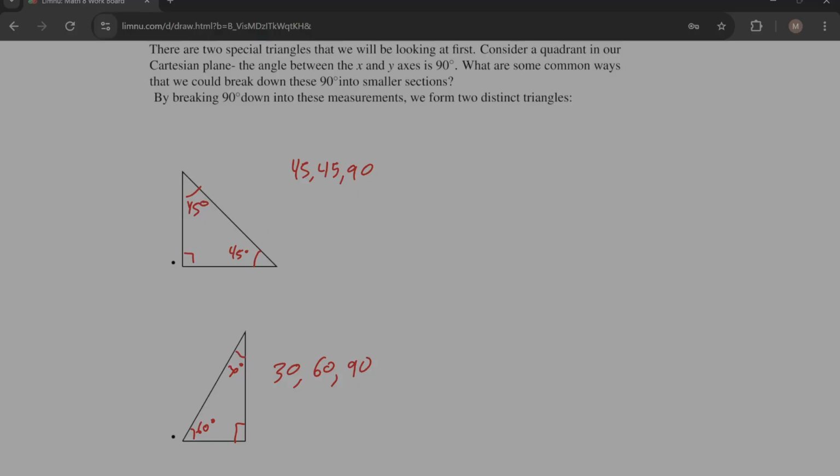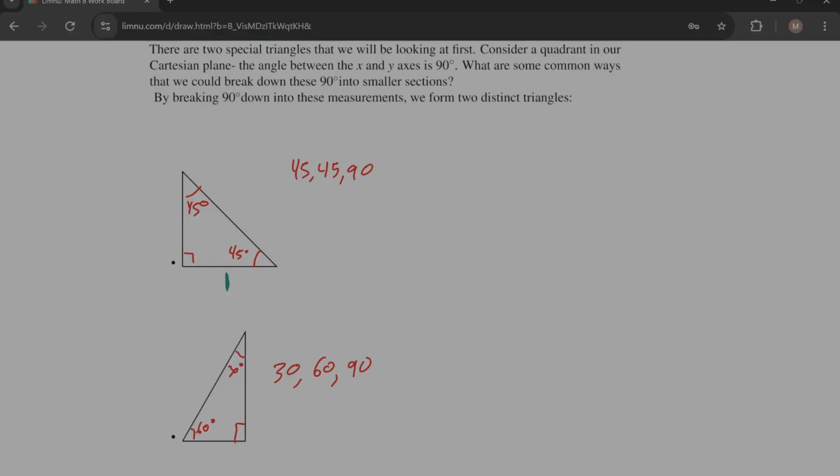And so you'll always have similar triangles when you have these angles. Likewise for 30, 60, 90. And so one thing we're going to do in this section is memorize the ratios for these two kinds of triangles. And that's helpful because if you know two triangles, you know the ratios for three angles, 30, 45, and 60.